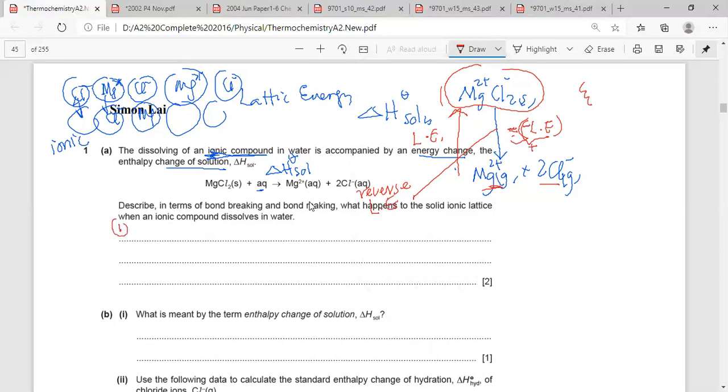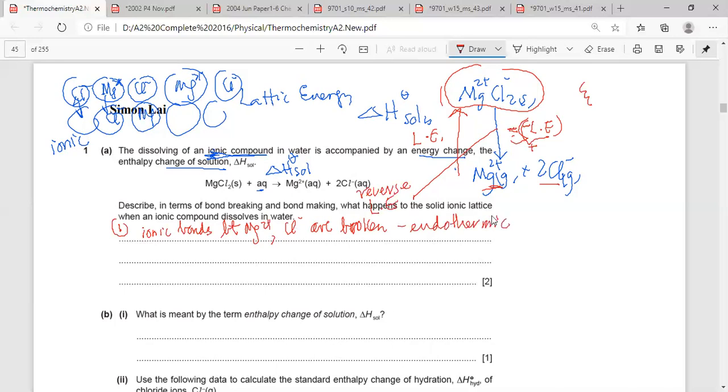Which bonds are broken? The ionic bonds between Mg 2 plus and Cl minus are broken. Breaking is endothermic, isn't it, because it absorbs heat.